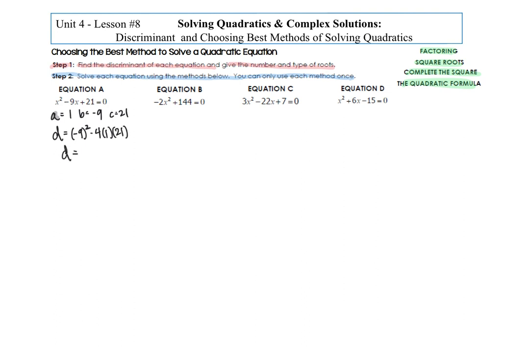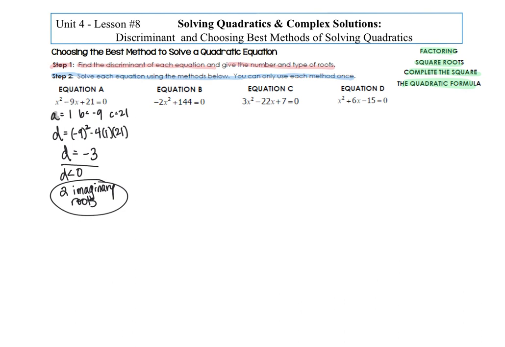Our D value is negative 3. If you look back at the front side of your notes, this D value is less than 0, so we are going to have 2 imaginary roots. We'll talk about what that means in a minute.